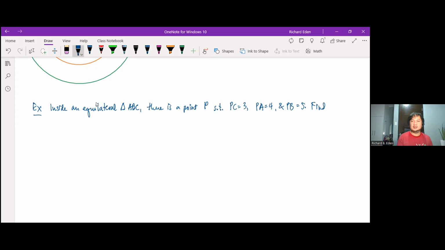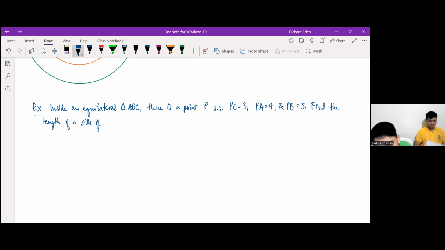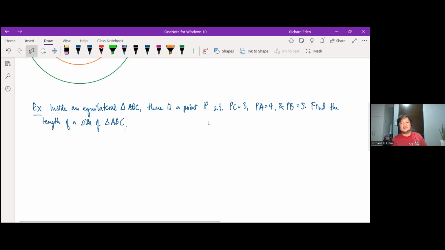Find the length of a side of triangle ABC.